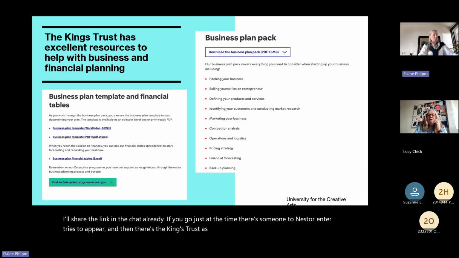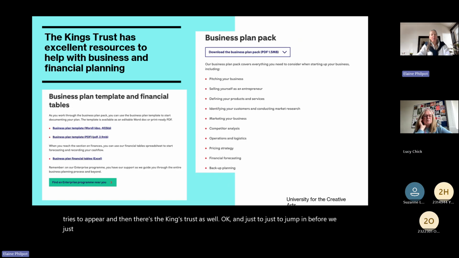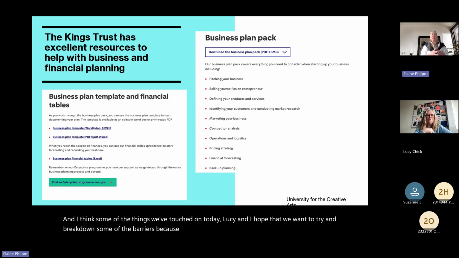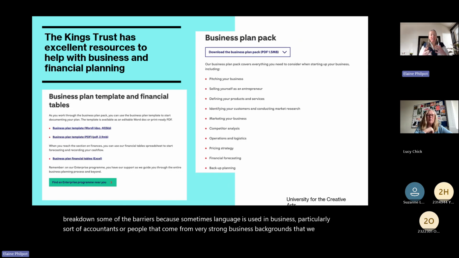And just to jump in before we move on, I think some of the things we've touched on today, Lucy, I hope we want to try and break down some of the barriers, because sometimes language is used in business, particularly by accountants or people that come from very strong business backgrounds, and we don't want that to be a barrier, and it certainly doesn't need to be.